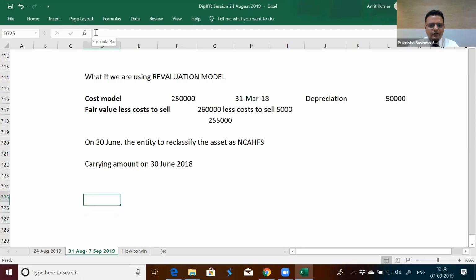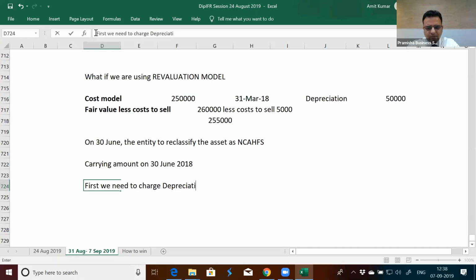If the carrying amount is 250,000, depreciation per year was 50,000. If the fair value in the market is 260,000, so in the revaluation model, first we need to charge depreciation till 30th June.